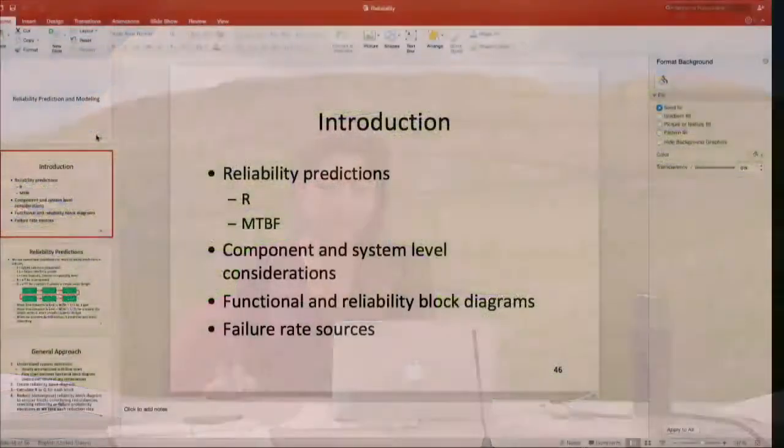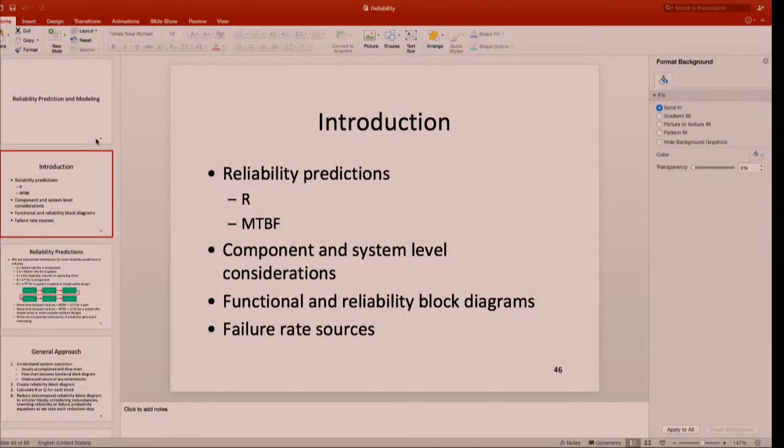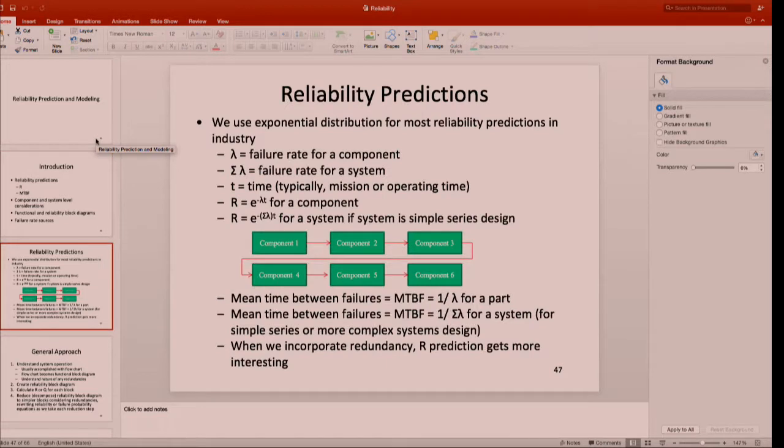So what we're going to learn now is how we can calculate reliability for a functional flow block diagram. If you remember, we previously saw this slide where the reliability prediction for a system of components in series is the multiplication of all the reliabilities, because they all need to work together.